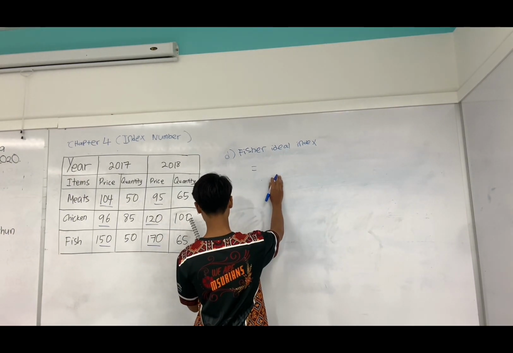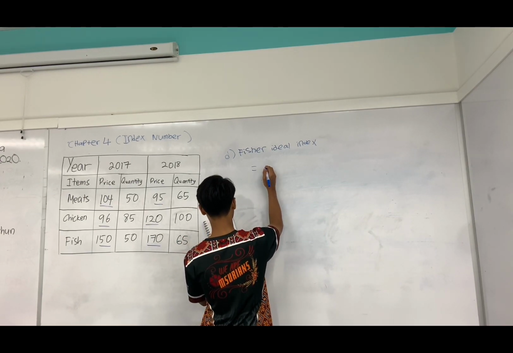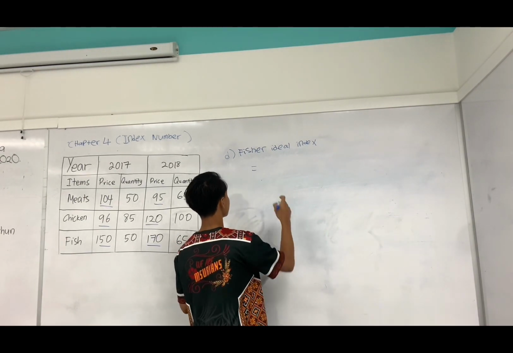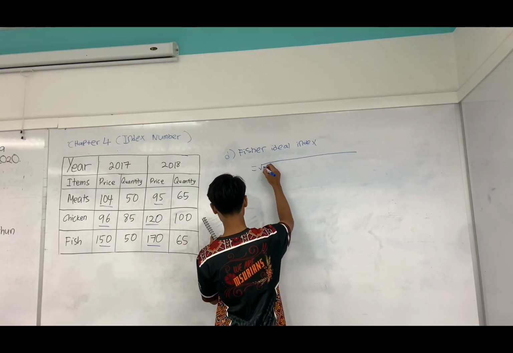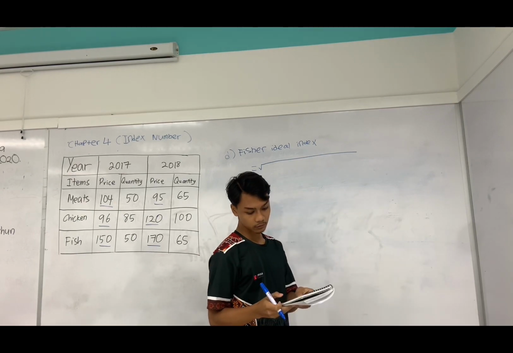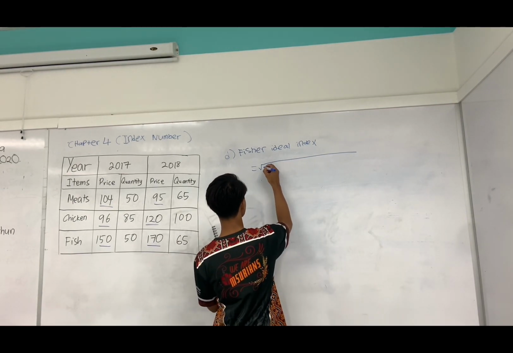This is the formula for Fisher ideal index. Square root of Laspeyres price index multiply Paasche price index.